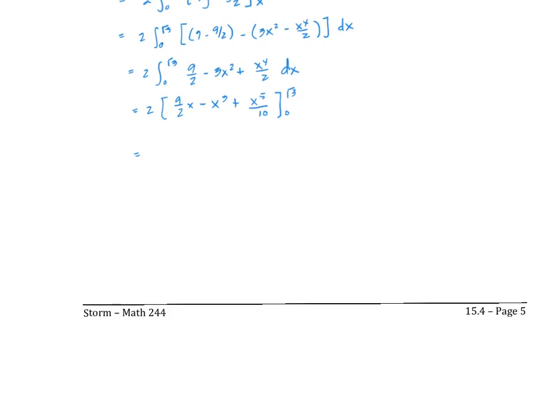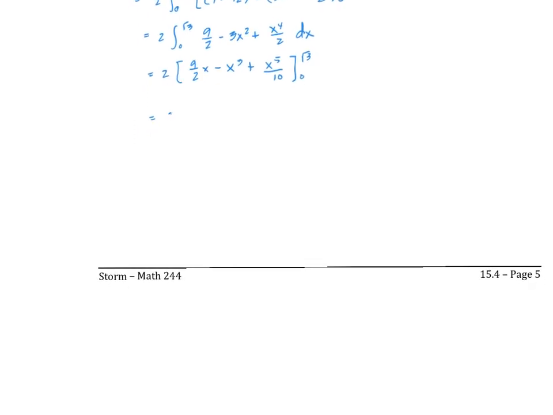Plugging in the square root of 3 gives me 2, and then the 0 would make everything go away. So it's just 2 times 9 square root of 3 over 2 minus 3 square root of 3 plus to the 5th, 9 square root of 3 over 10, I believe.